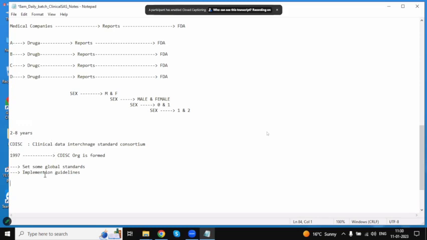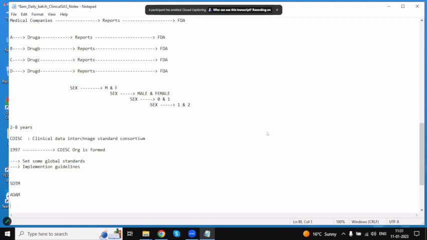CDISC is open source on their website. It is mentioned what reports and what guidelines you need to follow. So we are generating the reports, right? Those reports are divided into categories, that is SDTM reports and ADaM reports, let us assume. To prepare the SDTM reports, what domains should be there and what reports they are expecting in SDTM, they gave an SDTM implementation guide.